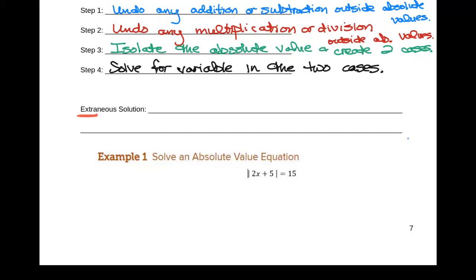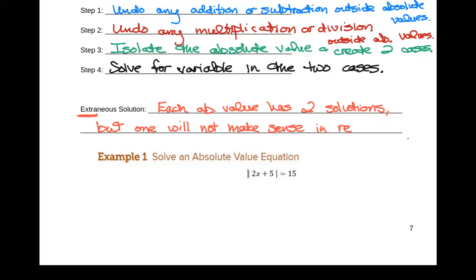The extraneous solution is that each absolute value has two cases or two solutions, but, and that's a big but, one will not make sense in real life.